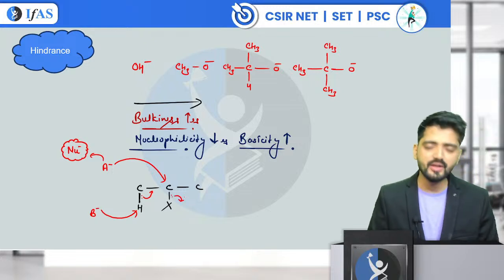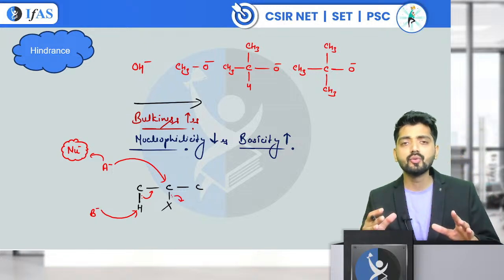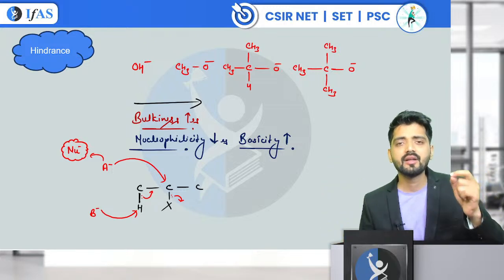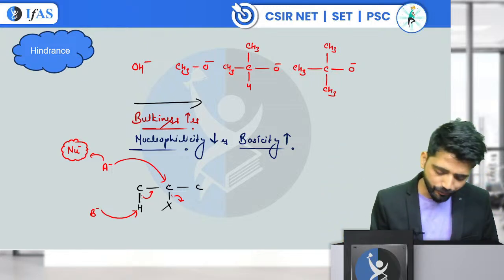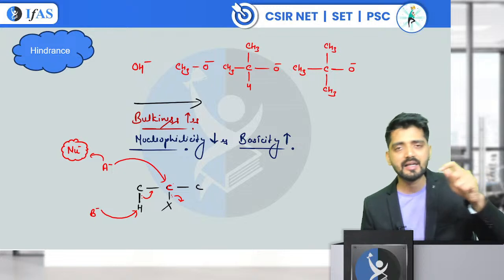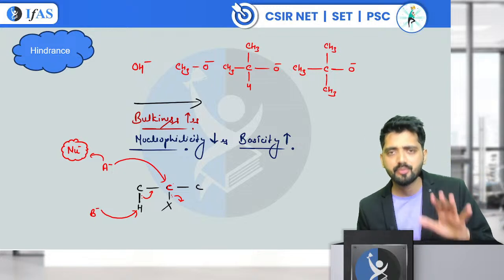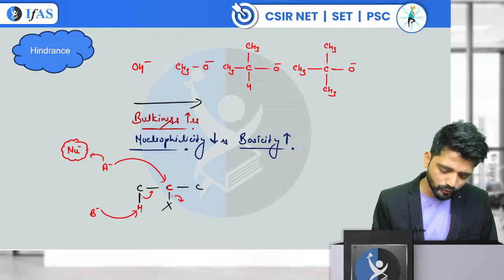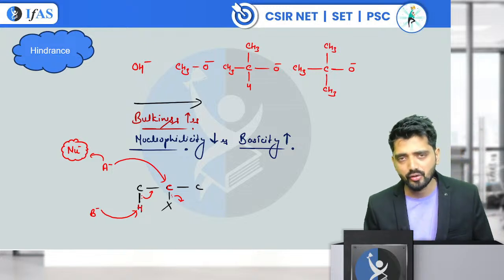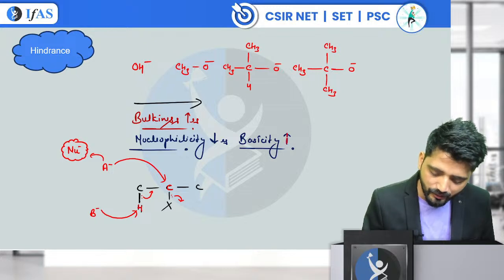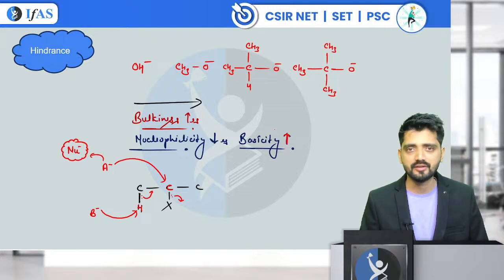It means when we are making our nucleophile bulkier and bulkier, it is very difficult for it to approach this carbon center, attack at the center and eliminate the group. Rather, it prefers to abstract this proton without facing any sort of repulsion. It means on moving left to right, the basicity of the center is increasing.